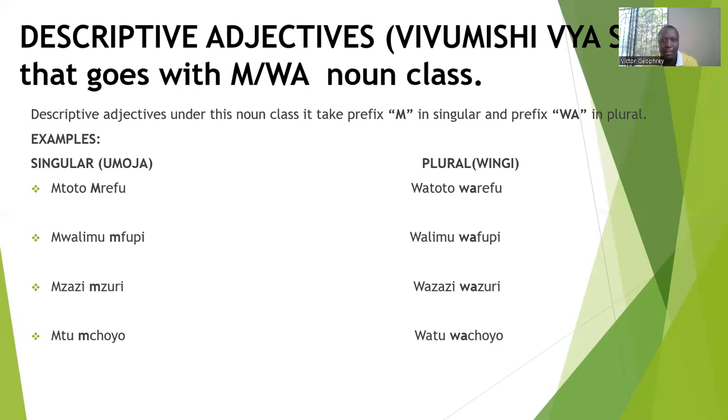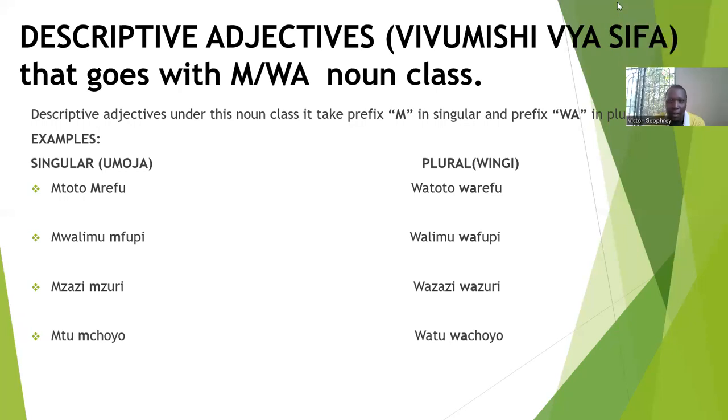I think you know this descriptive adjective. We call them vivumishi vya sifa. Vivumishi vya sifa are the words that are describing a person or a thing, something.